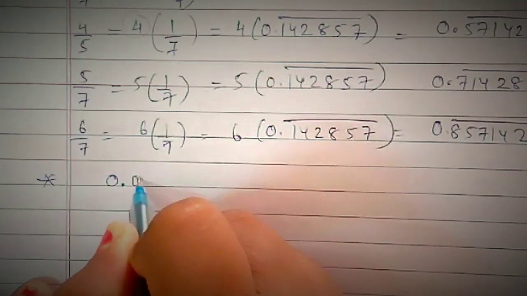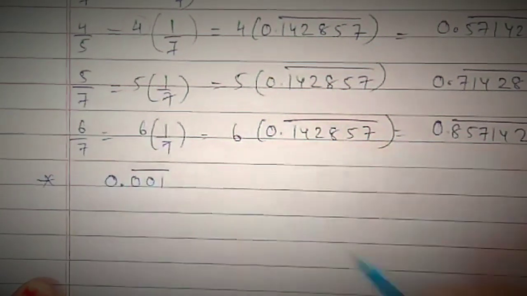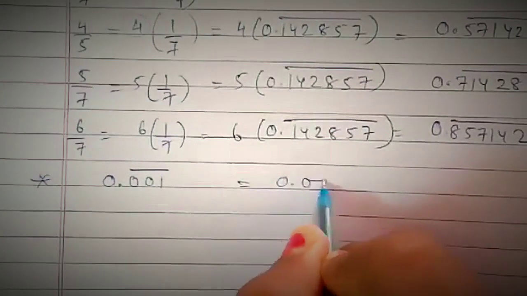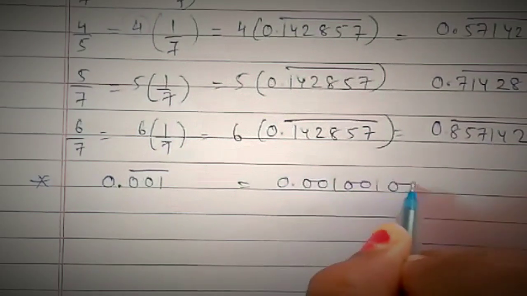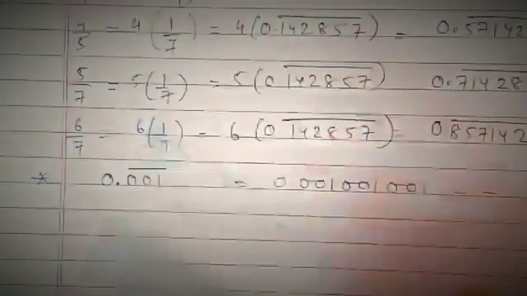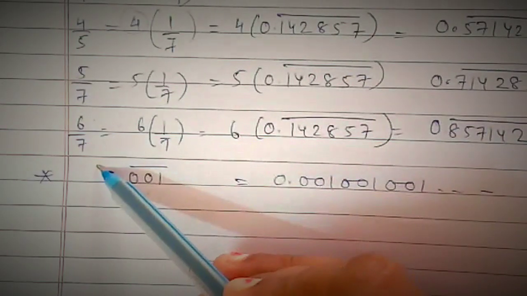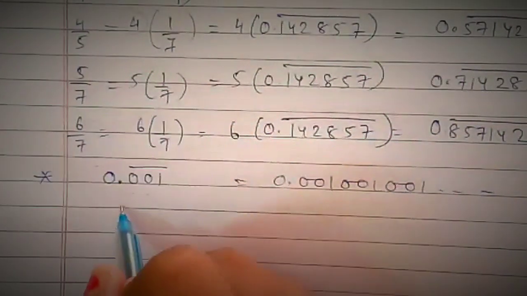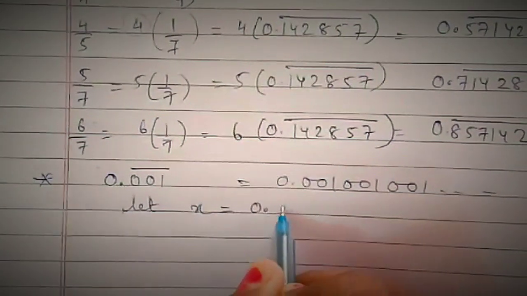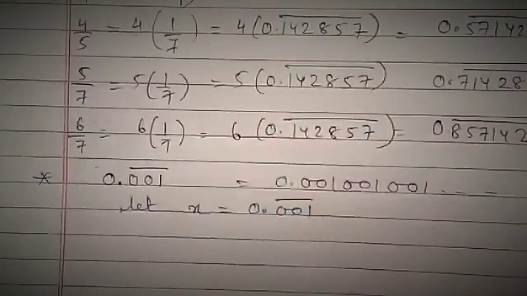For example, 0.001 the whole bar. That means the number is 0.001, 001, 001 and so on, right? We need to convert this into the form P upon Q. So how to do it? Let us take x as this number. That means x is 0.001 the whole bar, right?